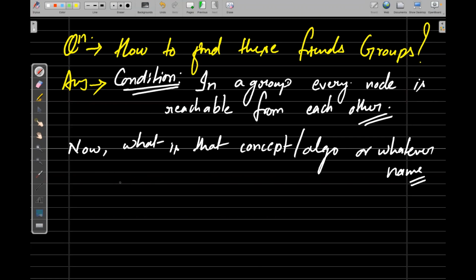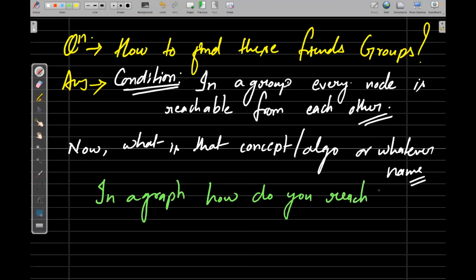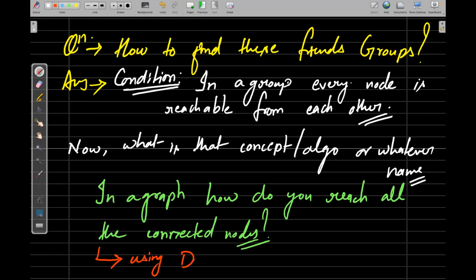In a graph, how do you reach all the connected nodes? Answer is using depth first traversal. Okay, DFT.